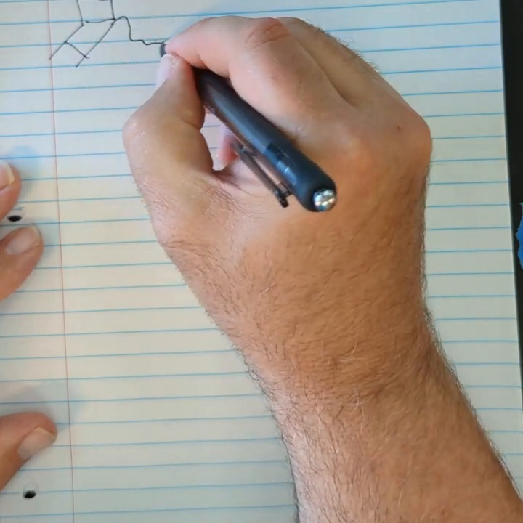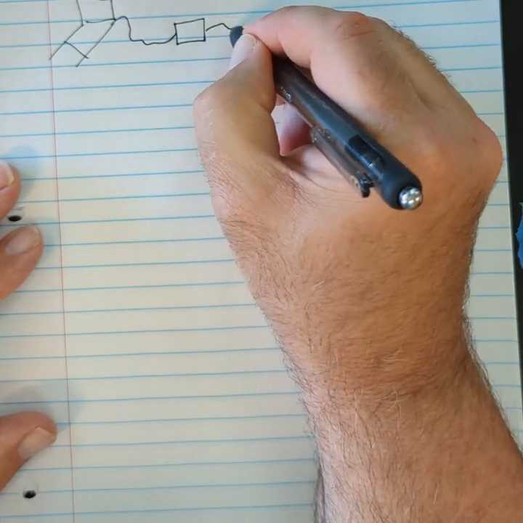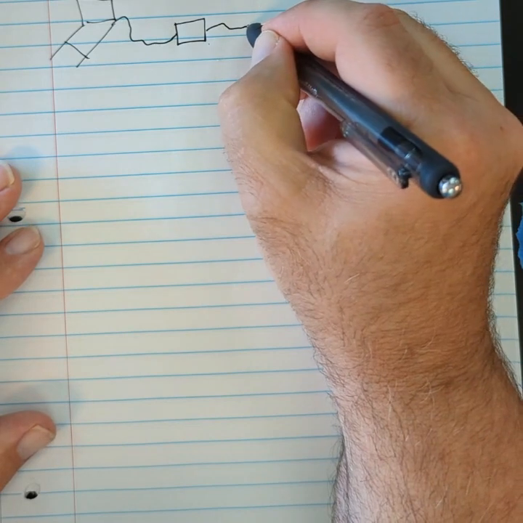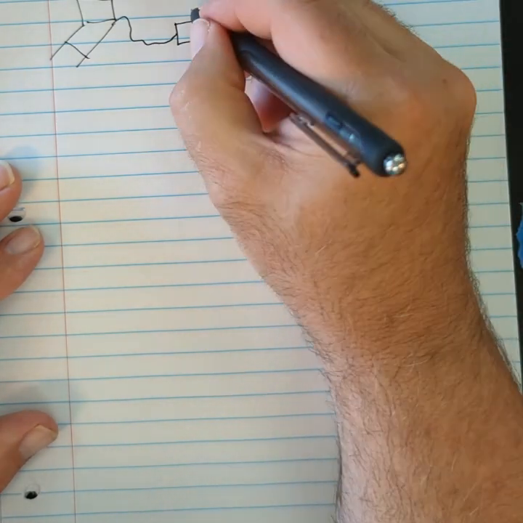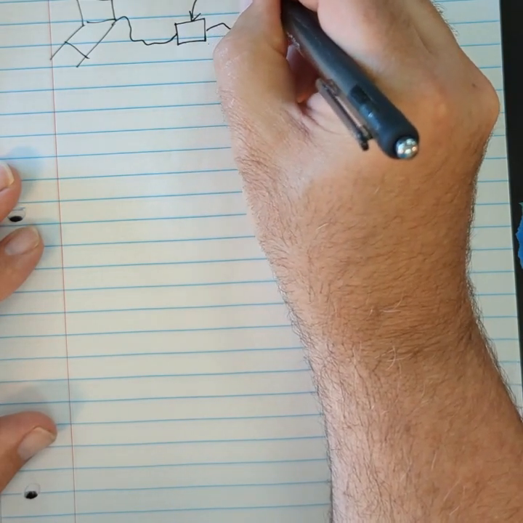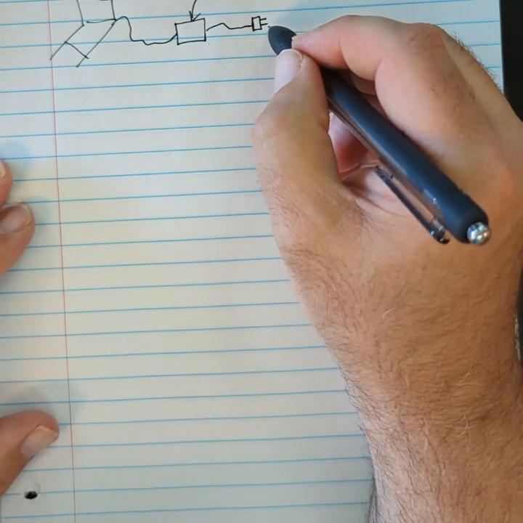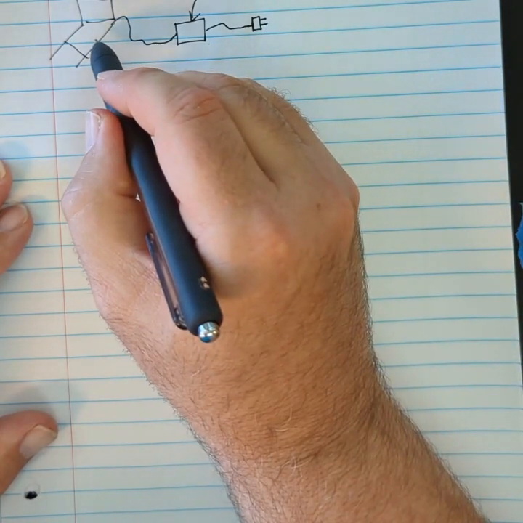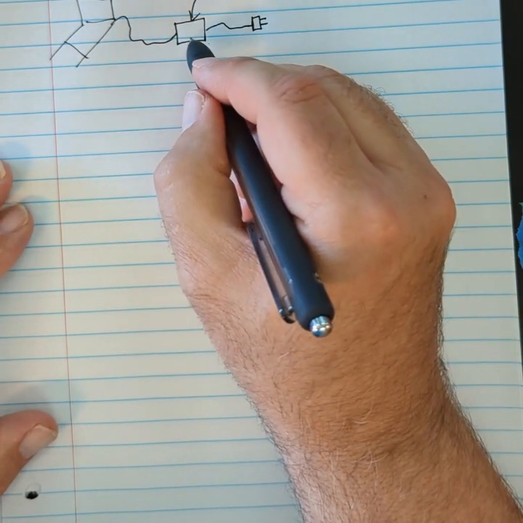And you've got the cord that comes out, and then most laptops have a big block in the middle, and then you have the plug that you plug into the wall. This is a transformer, okay? Because the wall outlet is a higher voltage than what the laptop actually needs. So this is a step down transformer.